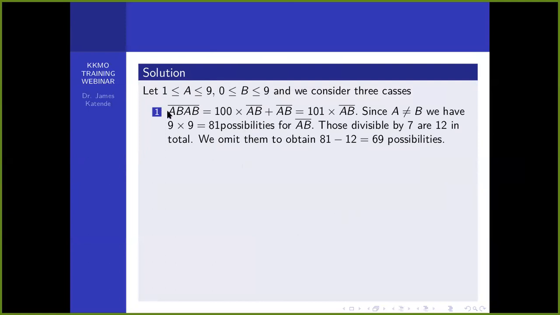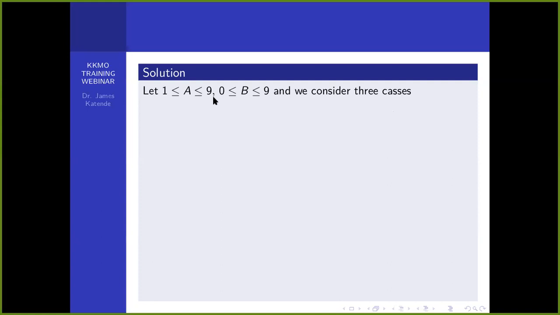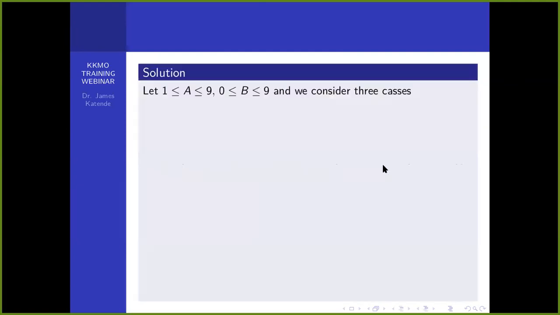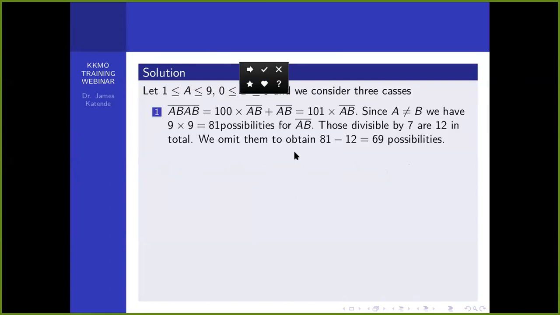Remember also that if you check, the question says they are distinct. So A will not be equal to B. So A is not allowed to be equal to B. So one possibility is where you have ABAB as your 4-digit number.